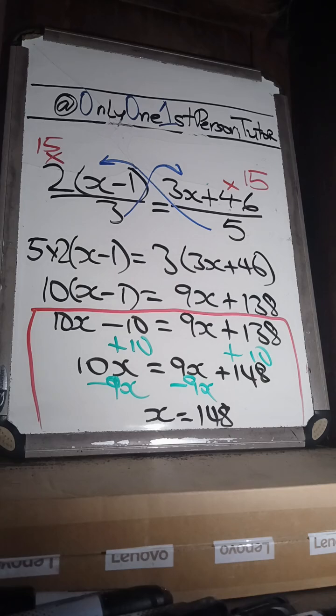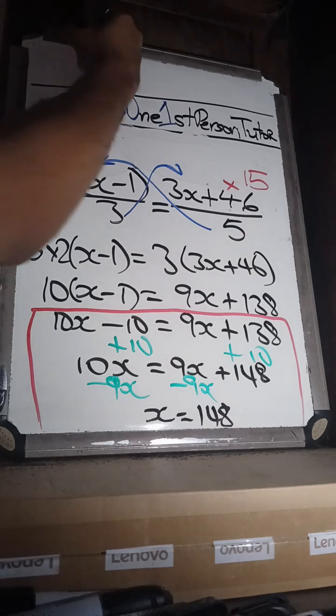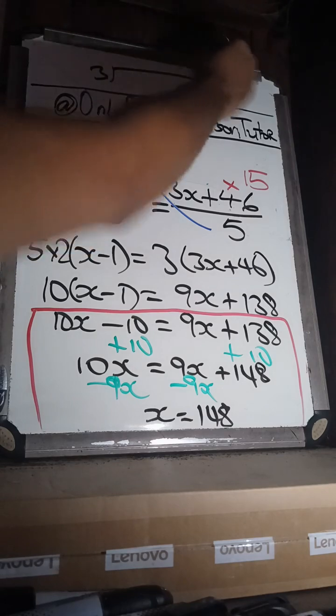Let's see. 147 times 2. What is that again? 147 times 2, 147 plus 147. That's 294. 294 divided by 3. Alright, let me actually do that.